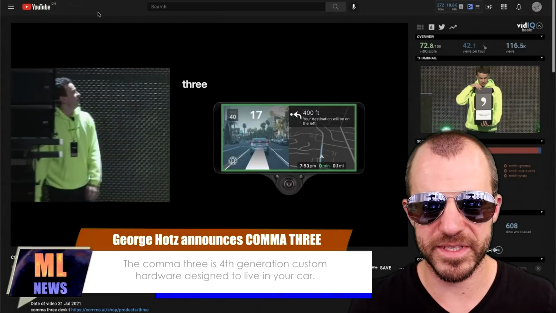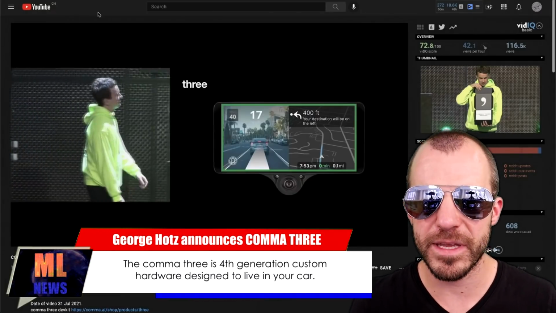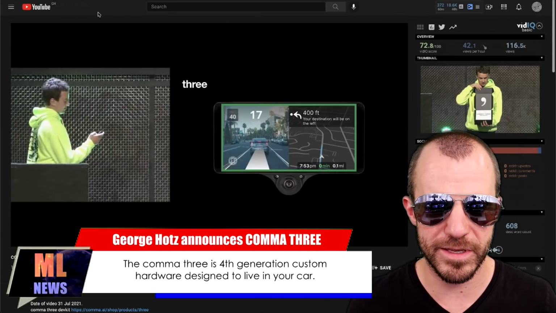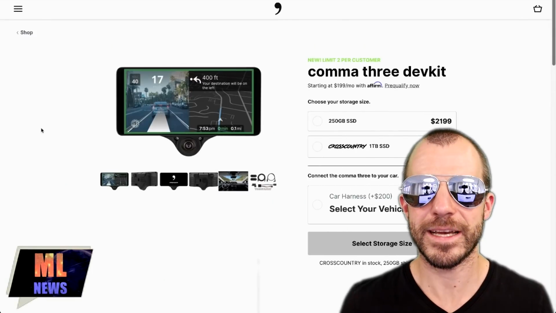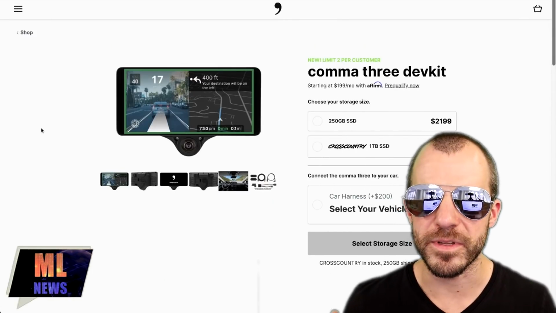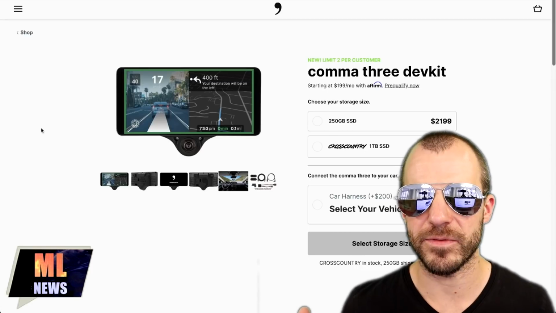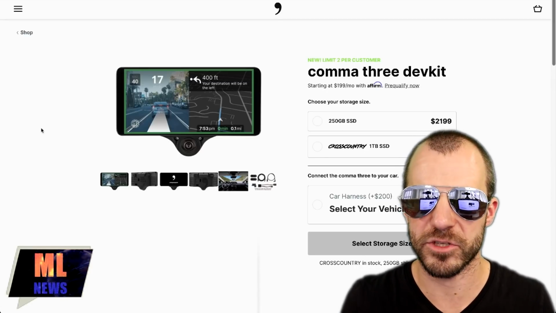There's also a big long presentation about the specs of the Comma 3, the problems with self-driving, with navigation in general, with covering all of the edge cases. And other than Tesla, Comma takes an open source approach where it actively wants the community of developers to help develop the product further. So if you are interested in that, the Comma 3 dev kit is available to order.